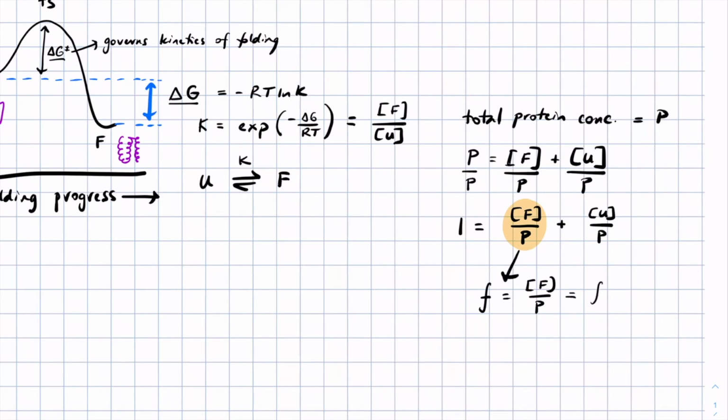We're going to call this the fraction of our protein that is folded, or fraction folded. And we can similarly call this number lowercase u the fraction unfolded.